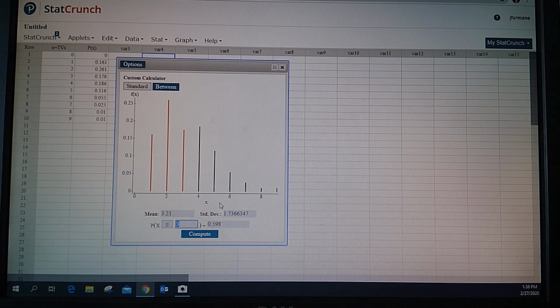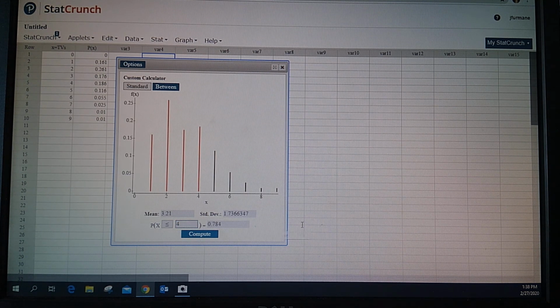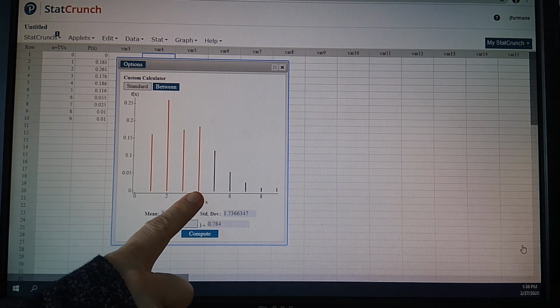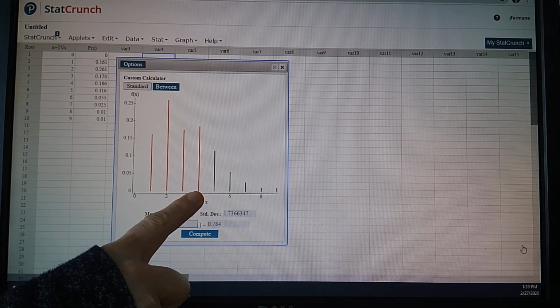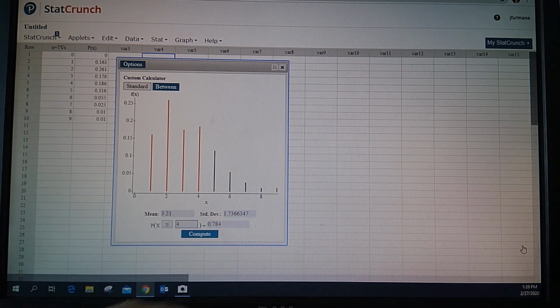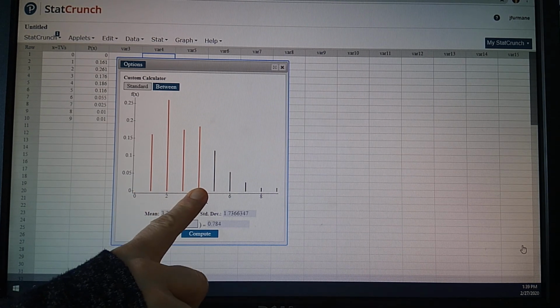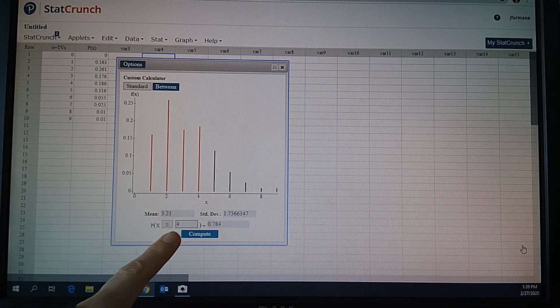If I change this value to 4, for example, and compute, I get a larger probability because you're now including this number in your probability. So the higher I go, the more bars are included, which means these red bars are being included in your probability.